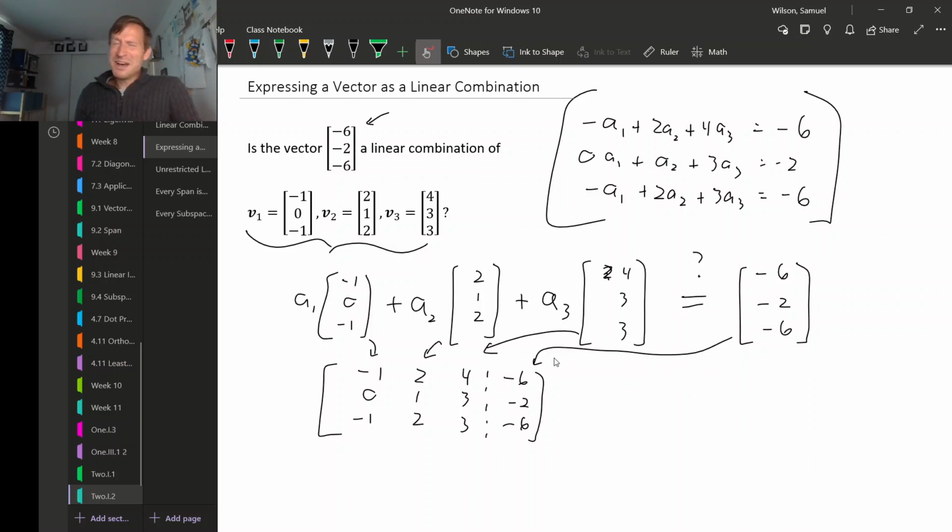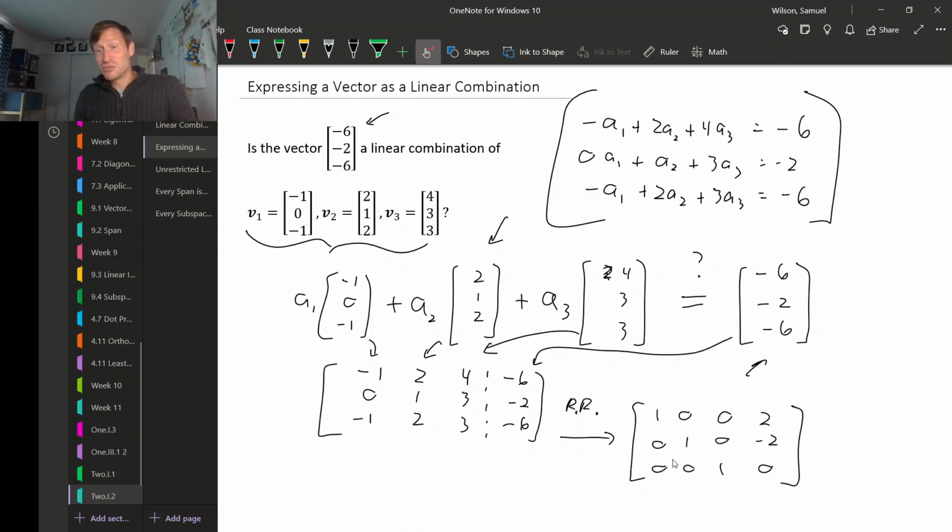So, now that we know this, finding coefficients to express one vector as a linear combination of other vectors, it's just a matter of solving this linear system. So we've done this a million times, so I'll do row reduction sort of off camera and write down the reduced row echelon form right here.